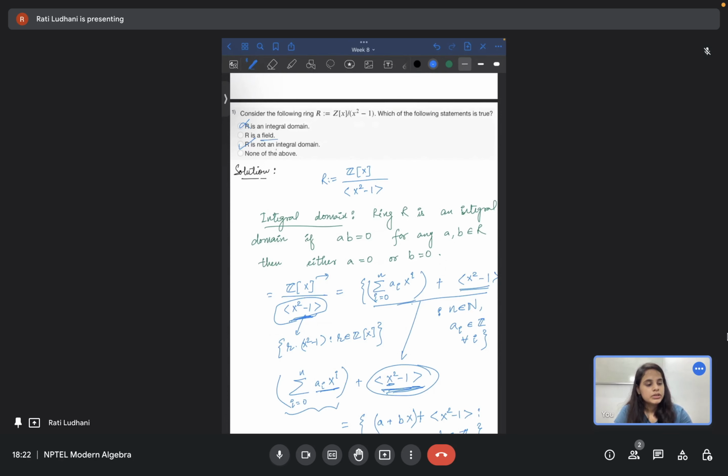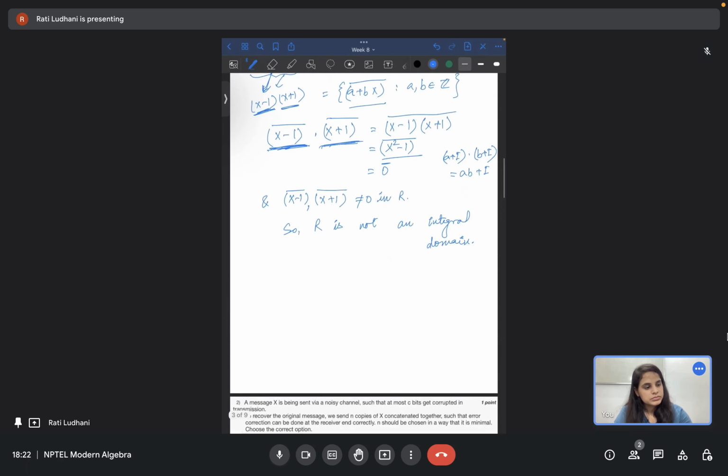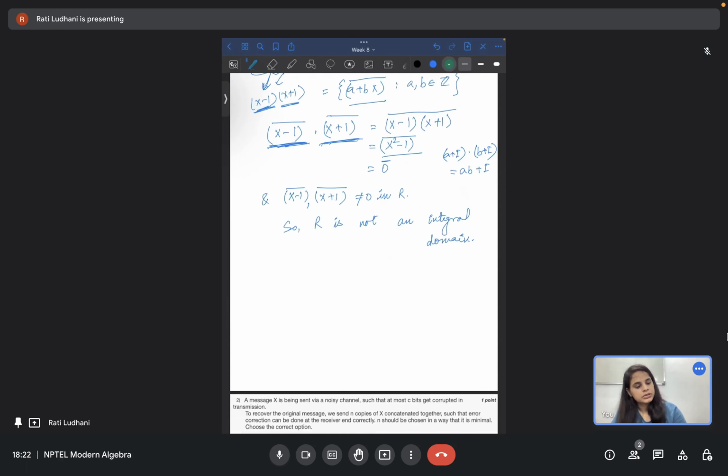What about field? It is a clear property, maybe you can call it a theorem if you want, but it's very easy to see that any field is an integral domain. Why?